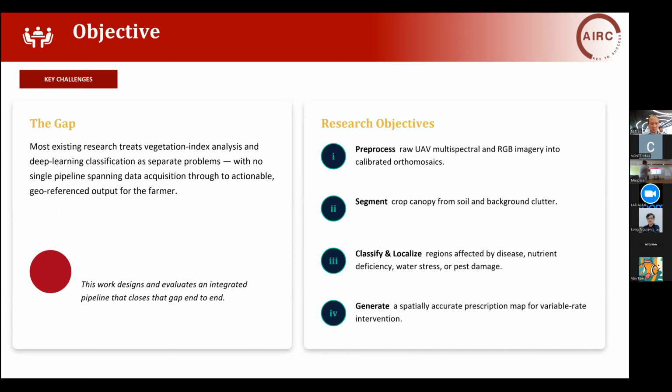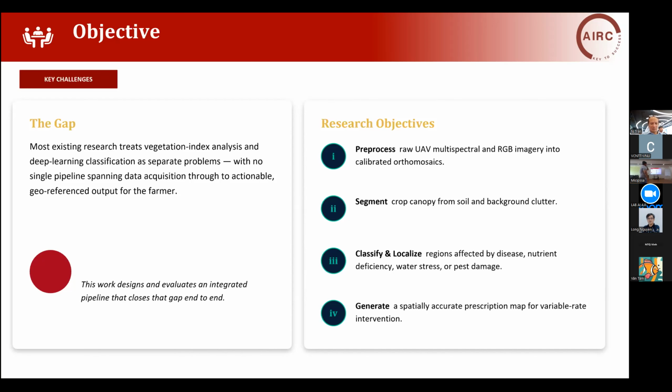The main objective here is to research and treat the existing vegetation index to analyze and classify both in the same pipeline, not like the existing research in this field where they treat both problems as two different models. The main objective here is to process the data in multispectral and RGB imagery, then segment crop from soil and background clutter.